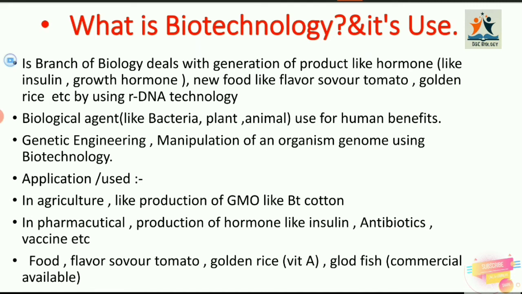There are a lot of definitions of biotechnology, but according to my experience I created one definition: it is a branch of science that deals with the generation of products like hormones, insulin, growth hormones, and blood factors, and also new foods like flavr savr tomato, golden rice, etc., by using rDNA technology, recombinant DNA technology.